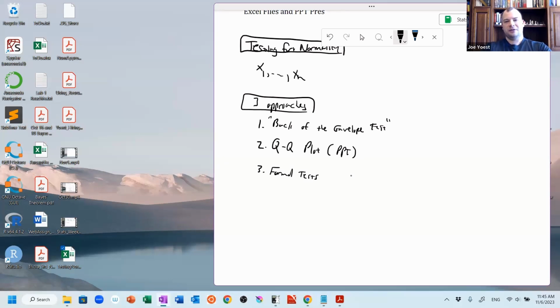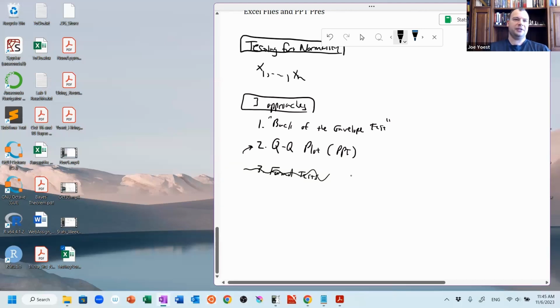There are formal tests where you do a bunch of computations, you get some number that's related to your data, you compare that to some kind of standardized number, and you see where the one number falls relative to the other, and that gives you a claim. It gives you a claim that either the population seems to be normally distributed or the population seems to not be normally distributed. We're not really going to talk about these formal tests.